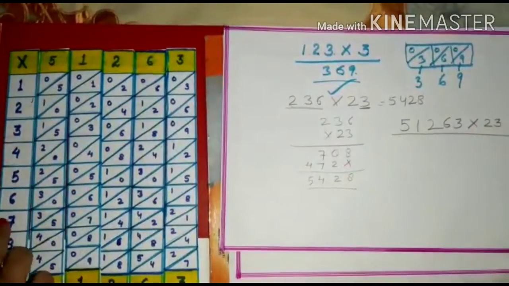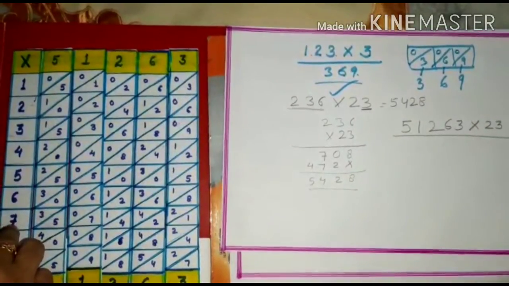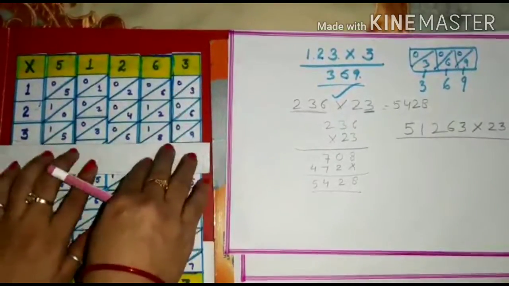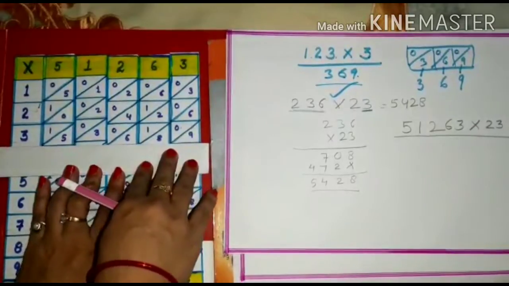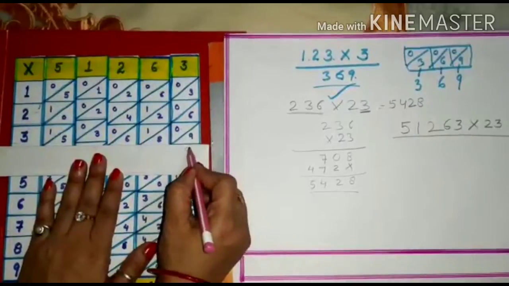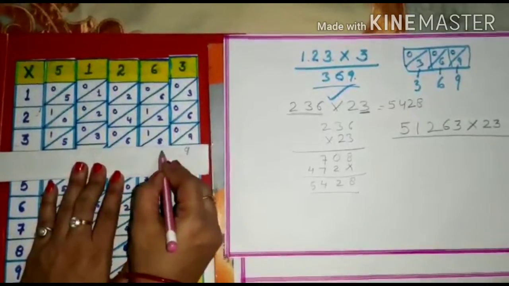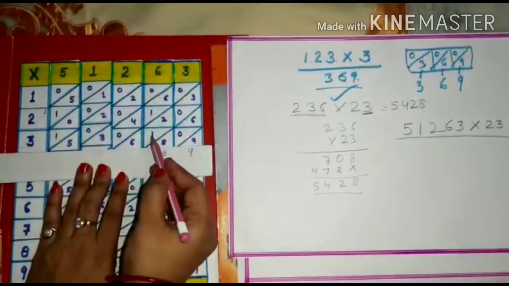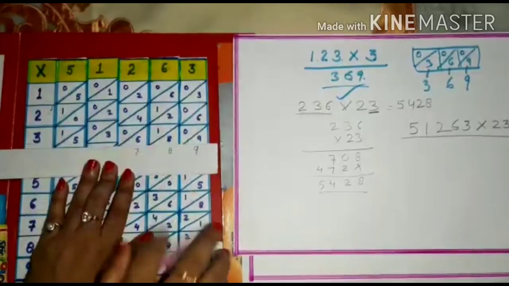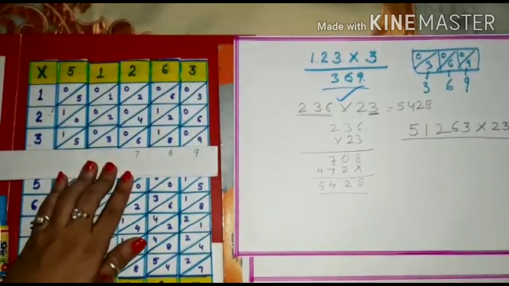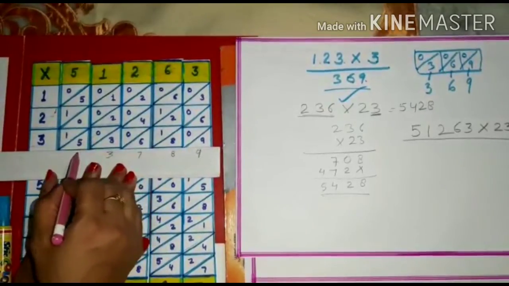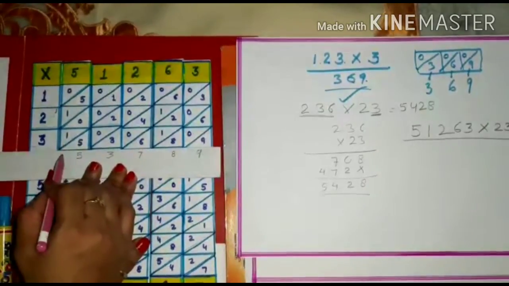So let's have a look at 3. Right, let's find out. Let's do addition. 9, 0 plus 8 is 8, 1 plus 6 is 7, 0 plus 3 is 3, 0 plus 5 is 5 and 1.